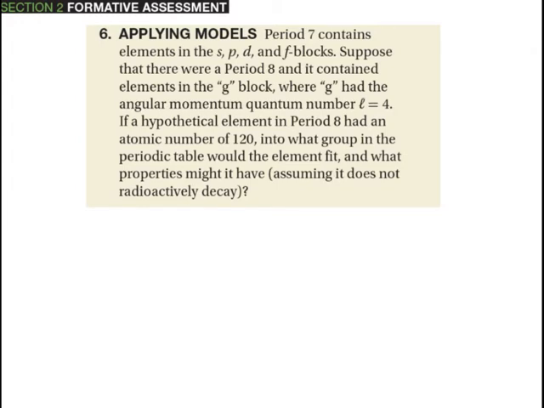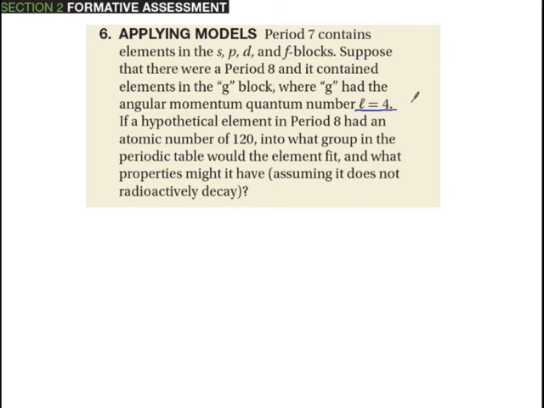The last question. Period 7 contains elements in the s, p, d, and f blocks. Suppose that there were a period 8 that contained elements in the g block, where g has the angular momentum quantum number l equal to 4.